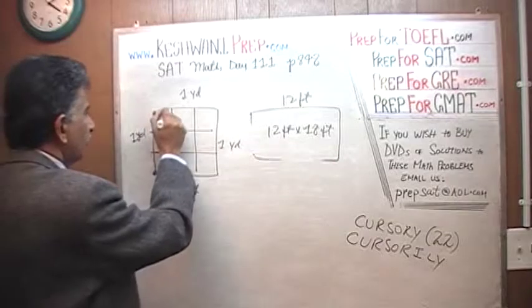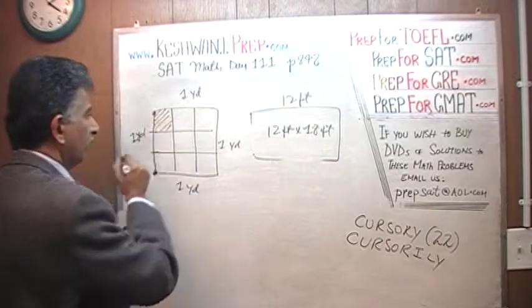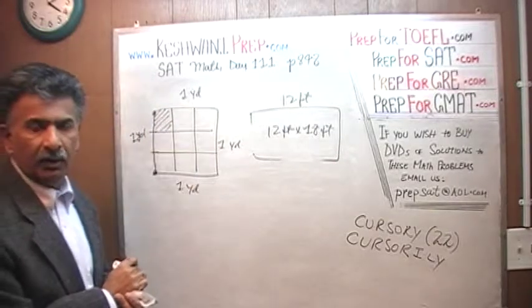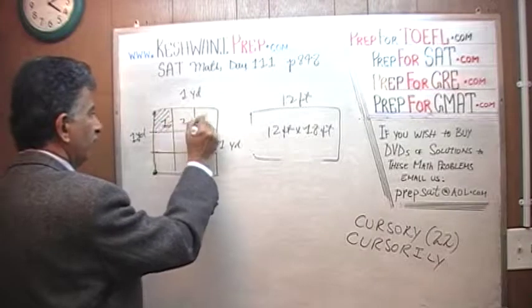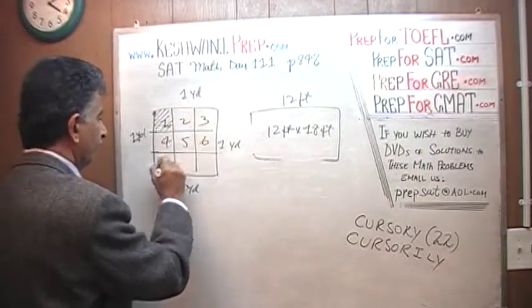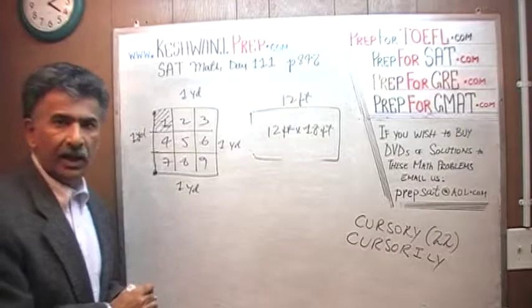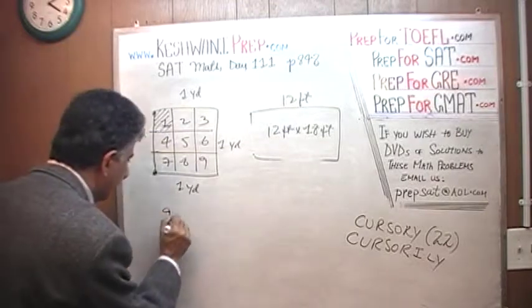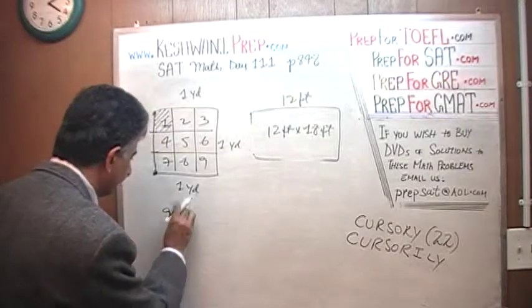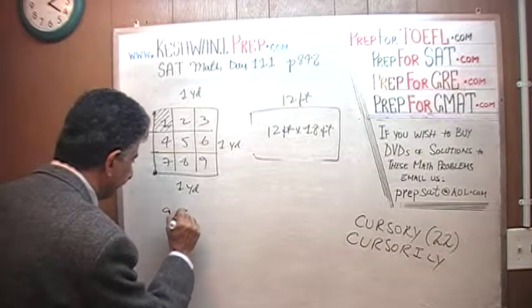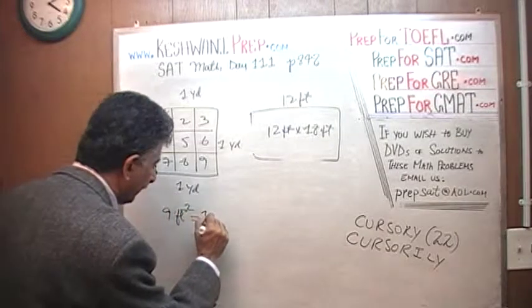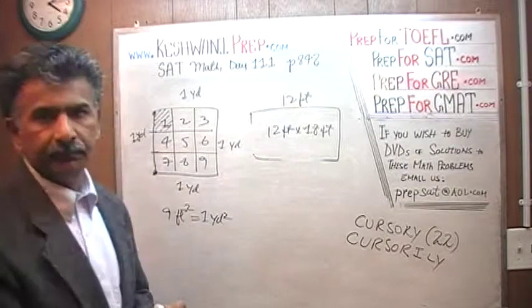And each of these is 1 square foot, 1 foot by 1 foot. And how many do you see here? There are 9 of them: 1, 2, 3, 4, 5, 6, 7, 8, and 9. There are 9 square feet. 9 square feet make a square yard, not 3.